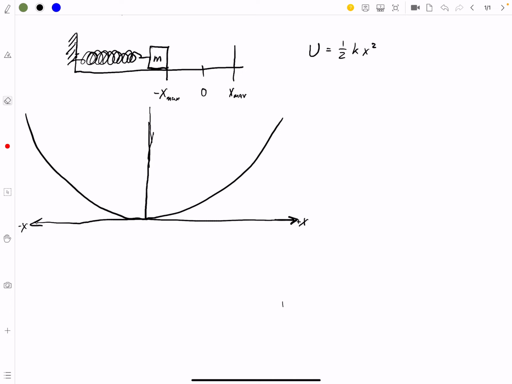Oh, wow, I am so good at drawing. Okay, that's our potential energy going up. Here we're at x equals 0. Also, at that point, our potential energy equals 0.